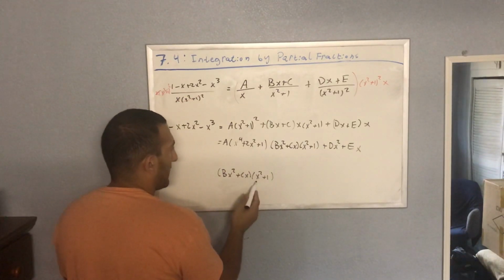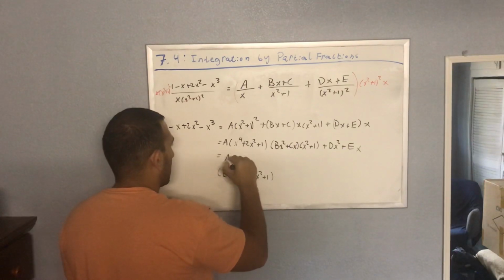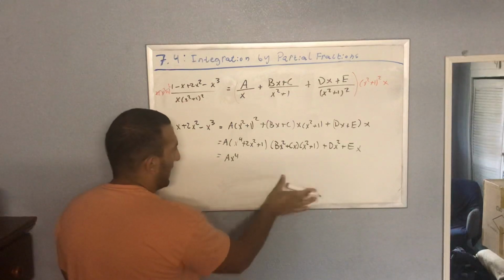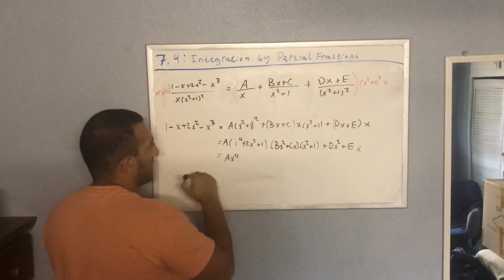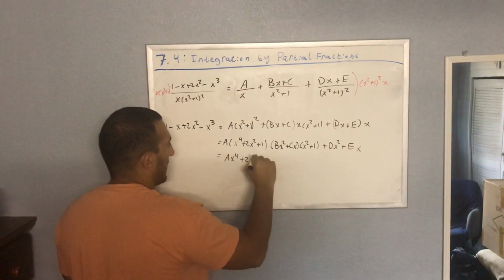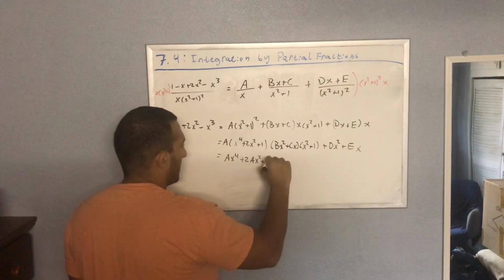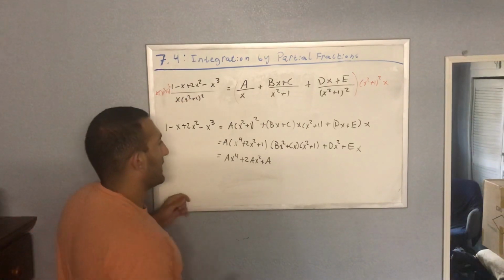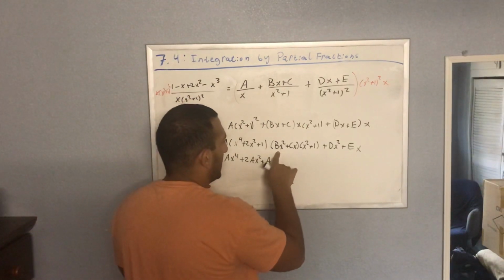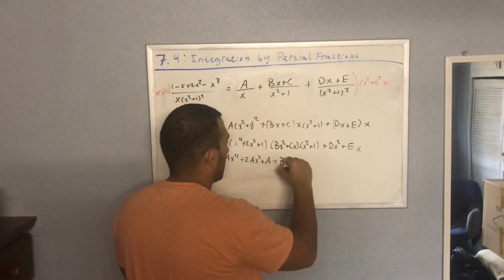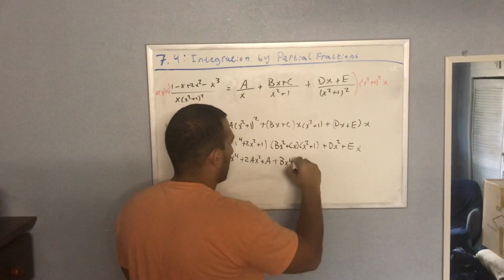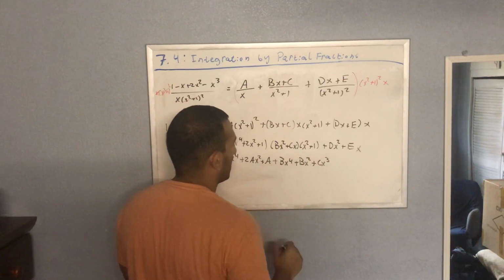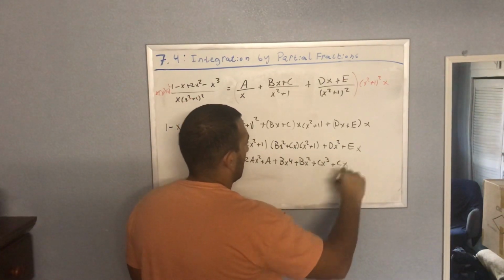So this gives you ax to the 4th plus 2ax squared plus a. So that gives us that. And then here, bx squared times x squared gives me bx to the 4th. This times that is bx squared, cx cubed, and then that.